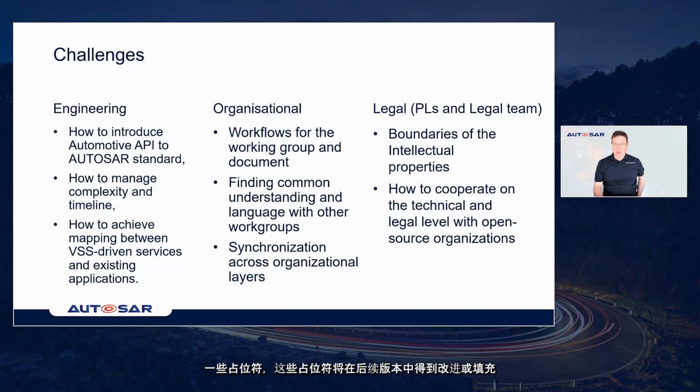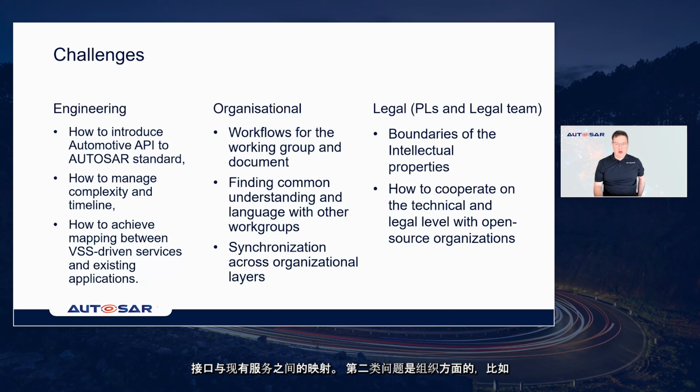At this moment, we prepared some kind of placeholders, which will be improved or filled with more precise content in the next releases. And, as mentioned earlier, how to achieve mapping between VSS derived service interfaces and existing services.